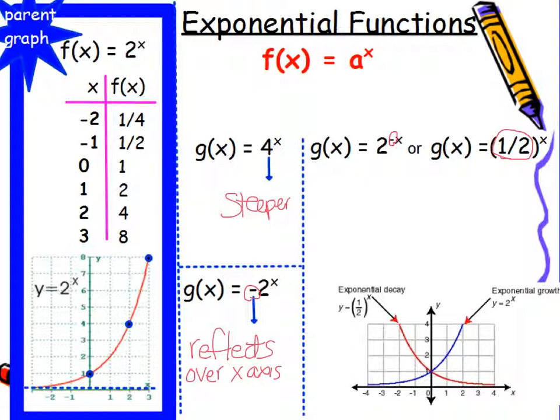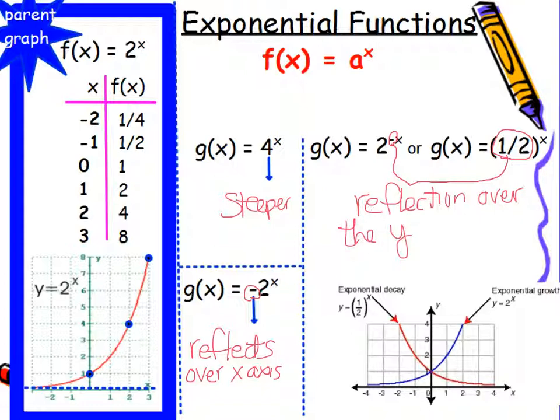So either one of these scenarios, if you have a negative power or if you end up with a fraction that's less than 1 for your base value, both of those are going to do the same thing, and what it becomes is a reflection over the y-axis. That's a new thing for us, to reflect it over the y-axis.